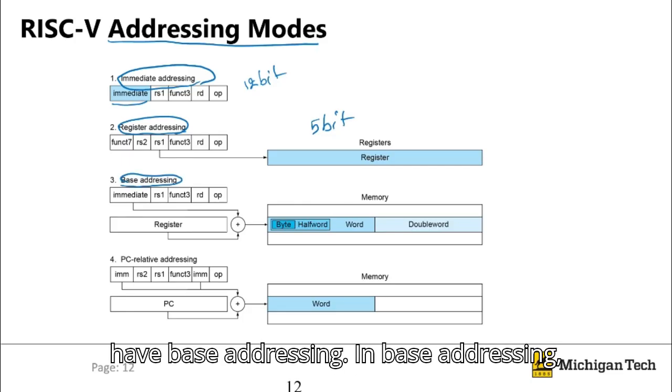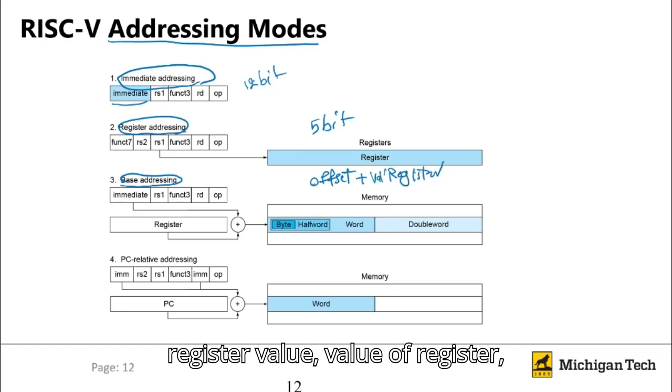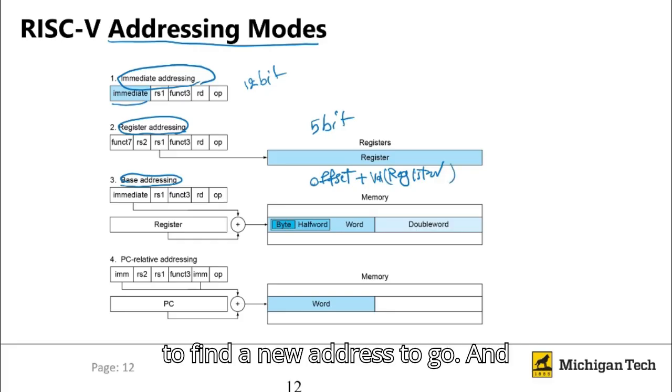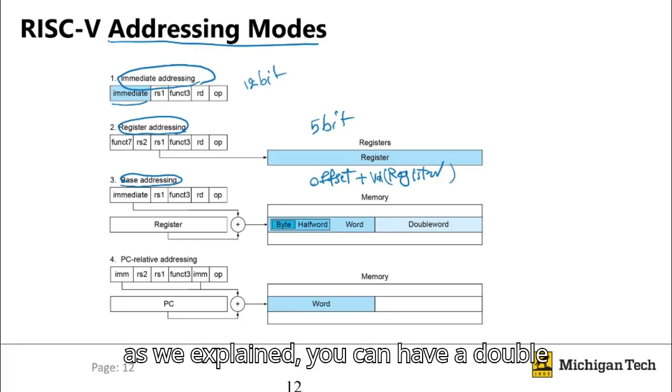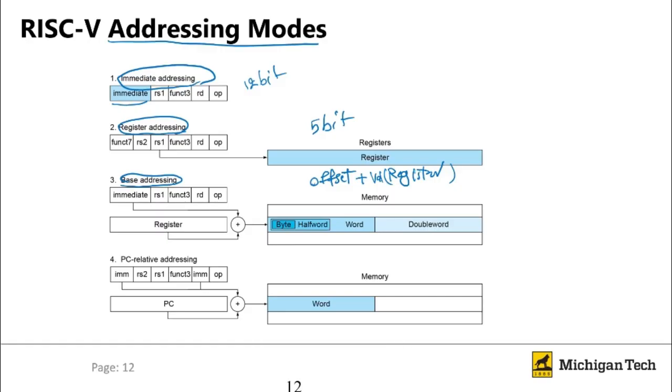In base addressing, we are actually using offset plus the value of a register to find a new address to go. And as we explained, you can have a double word, halfword, and byte to load or store.